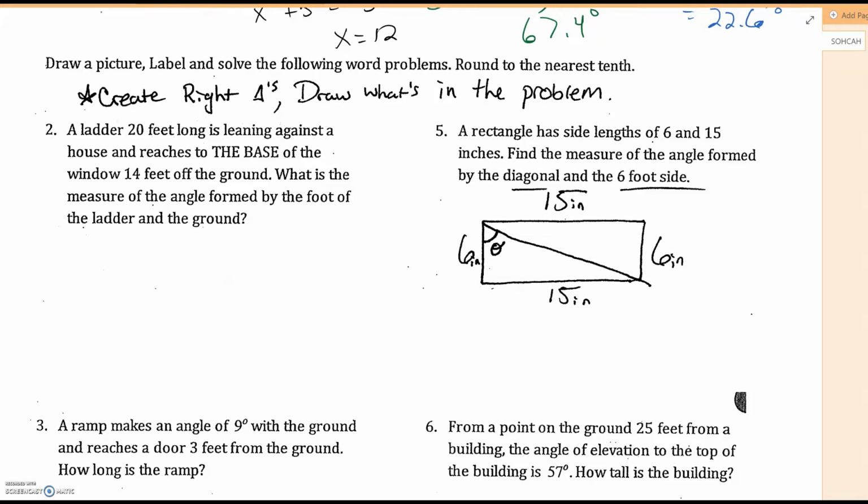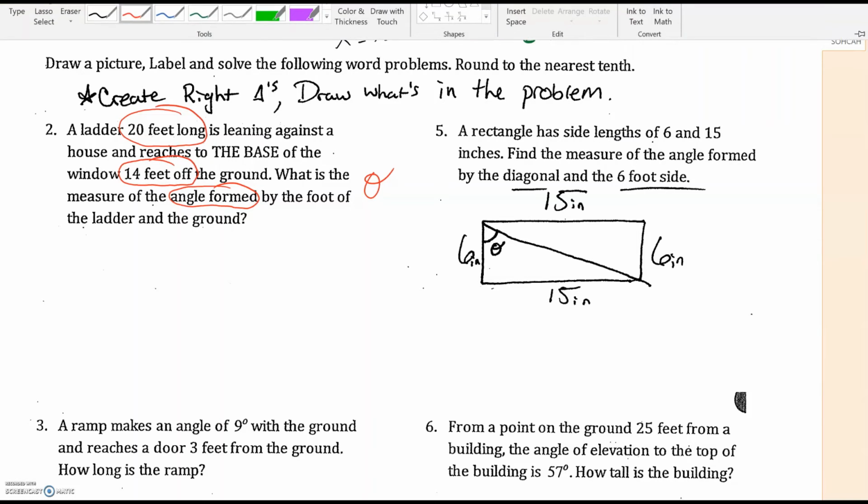I would circle all of the numbers that we need. So a ladder is 20 feet long. The base of the window is 14 feet off the ground. What is the angle formed? So I'm looking for an angle. That's telling me I should have a theta somewhere. An angle formed. So I'm going to draw a figure.